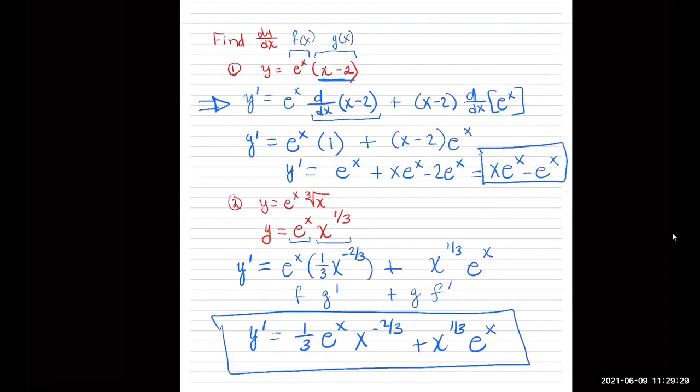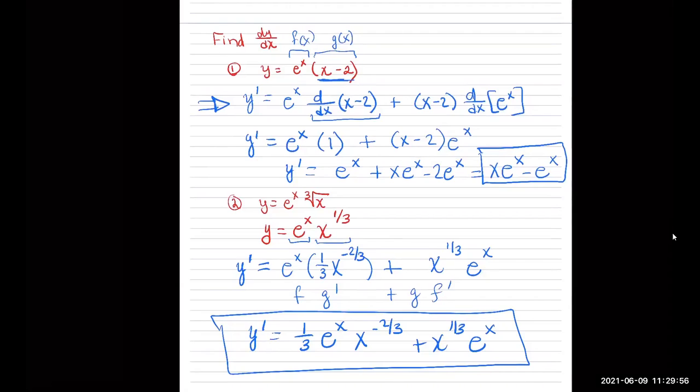So any questions about that one before we go on? Takes a little practice using the product rule, but it sure beats having to go back to that function and using the definition of the derivative every time. Okay.